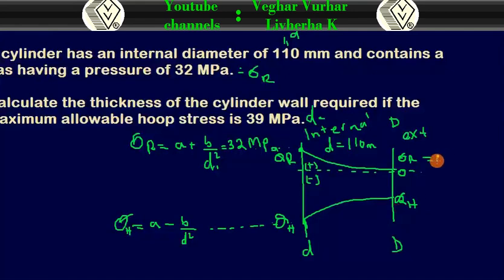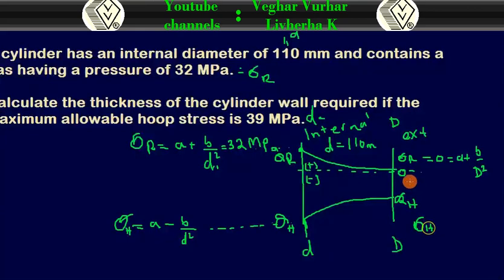Here it's unknown. We have to calculate it if we want it. So it's given by this equation. So this represents the external diameter, this one.